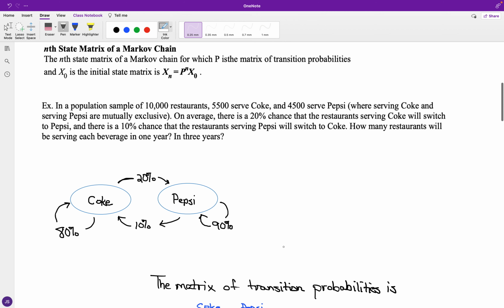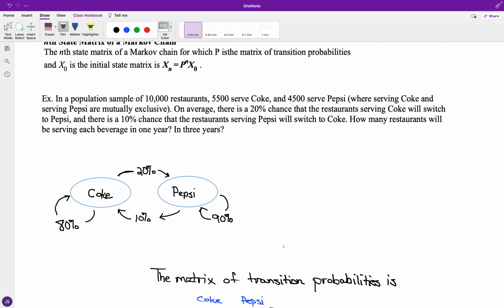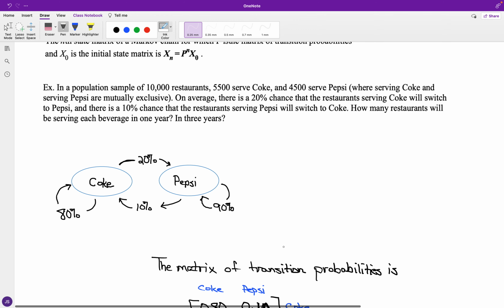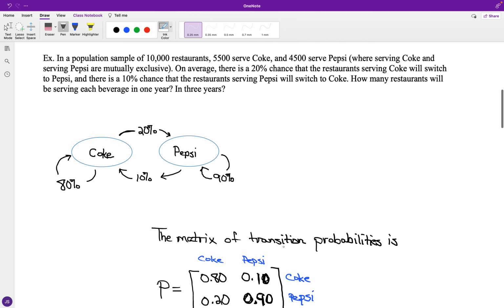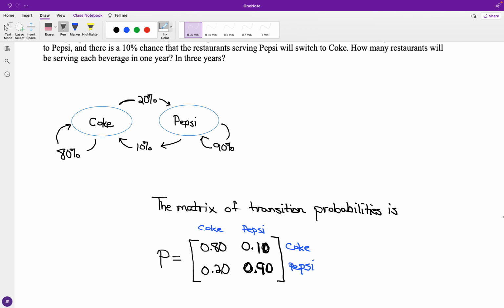And we summarize this by setting it up as a probability matrix, the matrix of transition probabilities. You have your column headings with Coke and Pepsi, and row headings also with Coke and Pepsi.